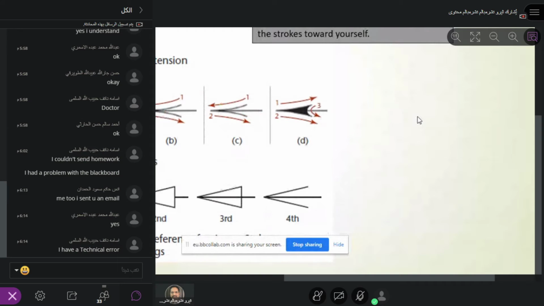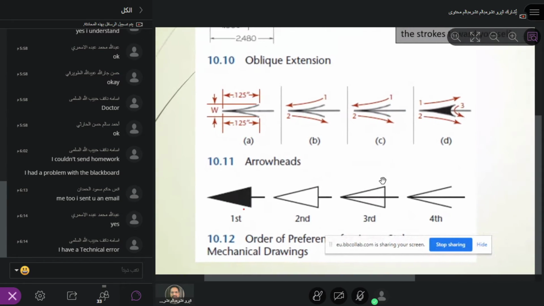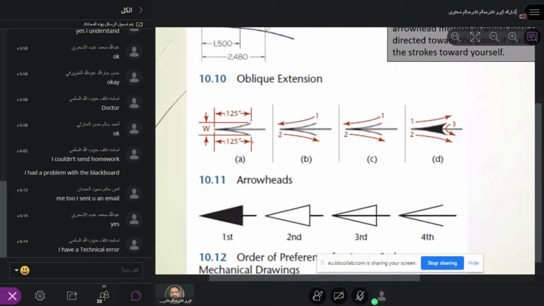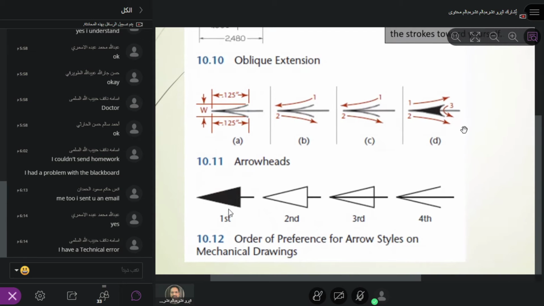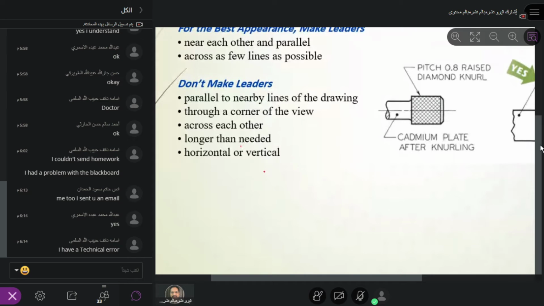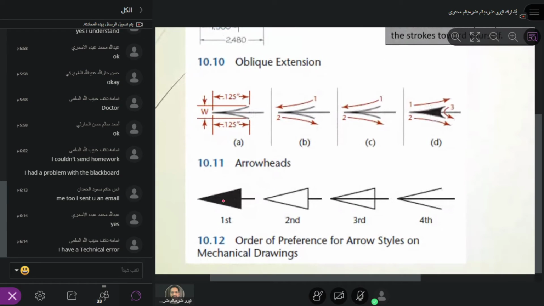Then for arrowheads, this is very important. All of you pay attention here. There are several methods, but what we are using here is this one.